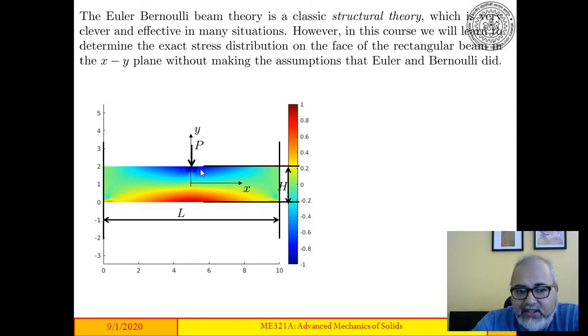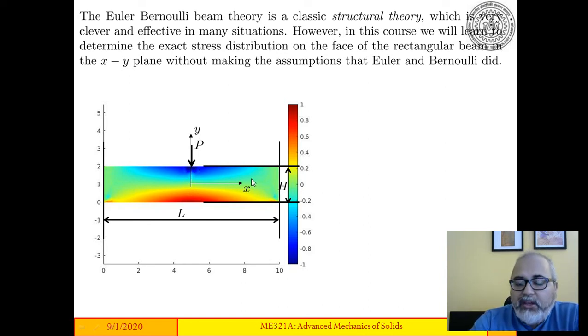This is a region where the stresses will be extremely high, and as you can see, they would be much higher than what Euler-Bernoulli beam theory allows you to believe. And there's a possibility that due to application of this load, the beam may break from here rather than due to the Euler-Bernoulli prediction.